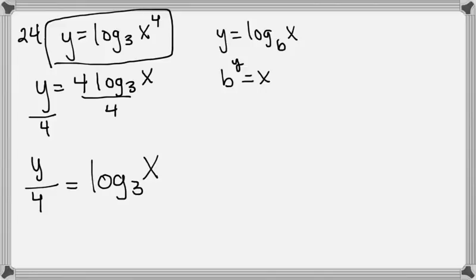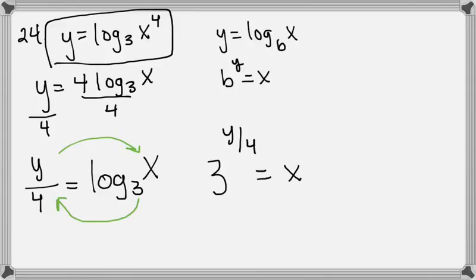So here's what happens next. We convert from this form to its exponential form. We take this base and raise it to that power, and it's going to equal that value. It's going to be 3 to the y over 4 equals x.